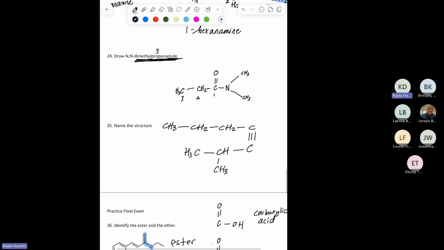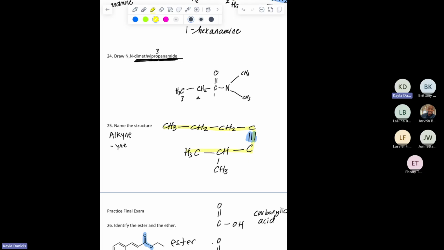25. We got a weird looking structure again. First step, identify that functional group. I see a triple bond right here, so this is an alkyne, yne. Next step is to identify that longest chain. For some reason, they decided to give us some 90-degree angles, but we can still work it out.